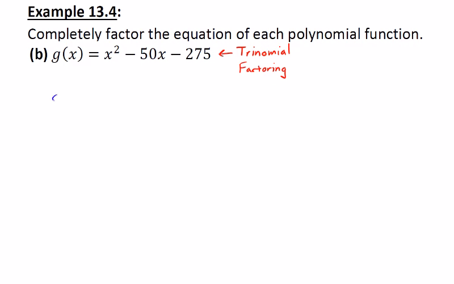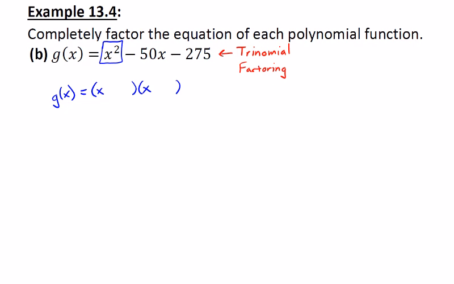So for the trinomial factoring, the goal here is to take the trinomial and turn it into the multiplication of two binomials. So I'll always start with that first term, and here our first term is x squared. So to multiply to get x squared, and to distribute the multiplication evenly, I would say x times x is the best way to make that happen.